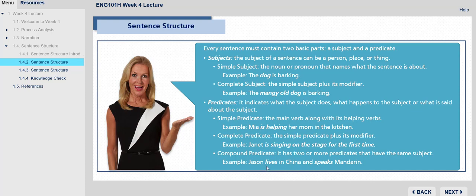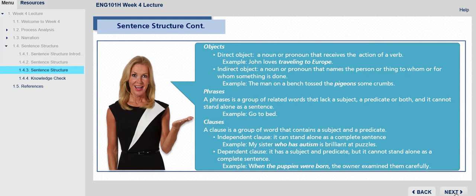Whenever you have two of anything, that's what compound means. A compound sentence means two sentences, a compound subject means two subjects, compound verbs means two verbs, and a compound predicate simply means you have two predicates. So compound everything means two of something.